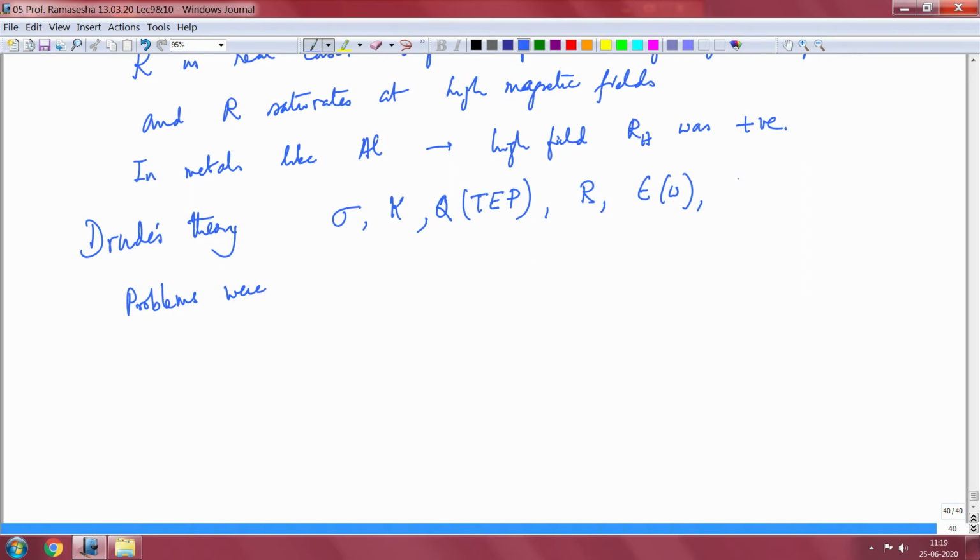We could also calculate the specific heat, and the problem was that the specific heat was far larger than what is found for metals.